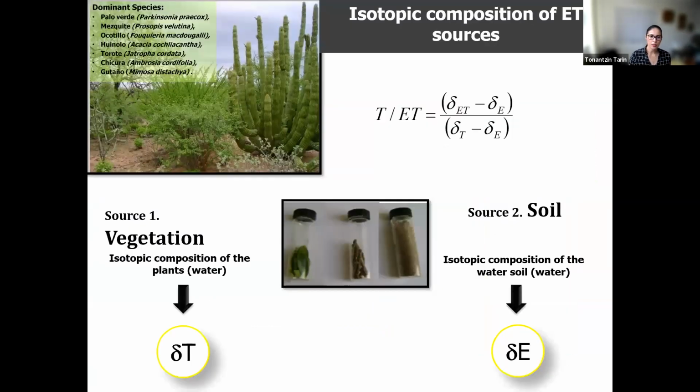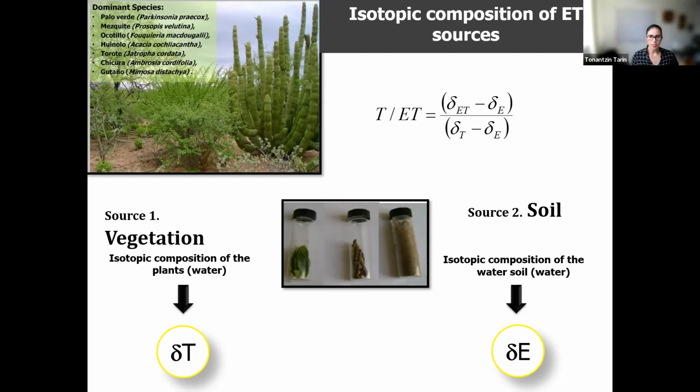Here we collected different samples, and it's very important to know that this is a multi-species shrubland. We have many different species in the ecosystem, and we collected leaf and stem samples from these different species.